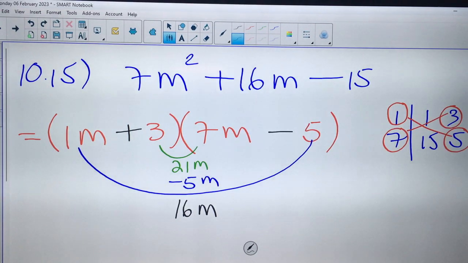And on the next page, number 11. So there's a lot to do. Please do it as soon as possible.